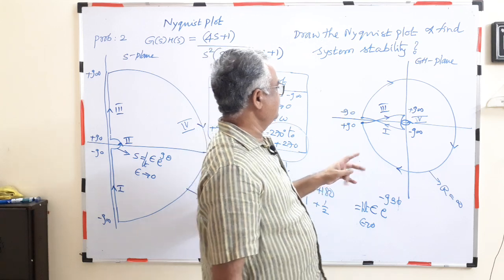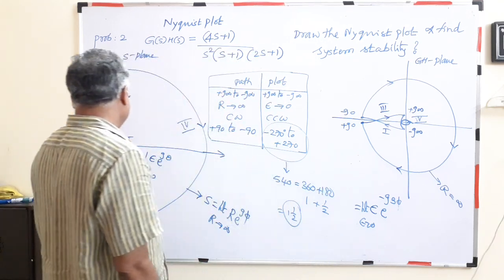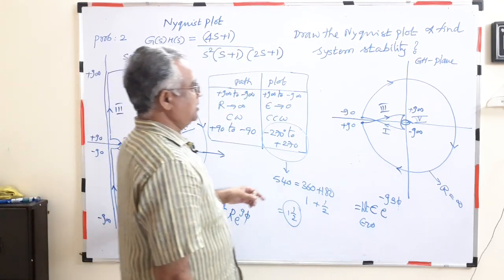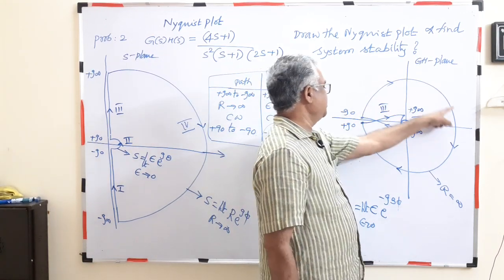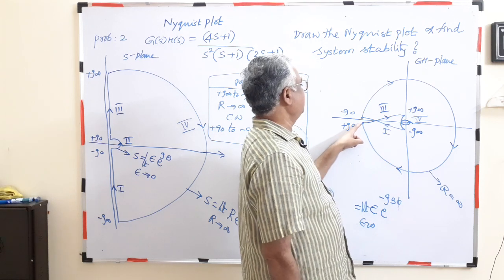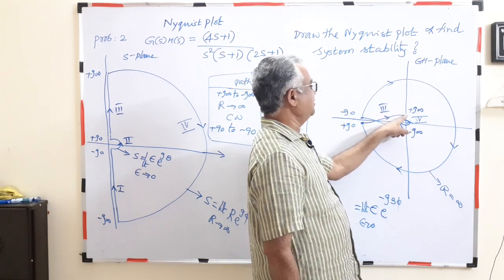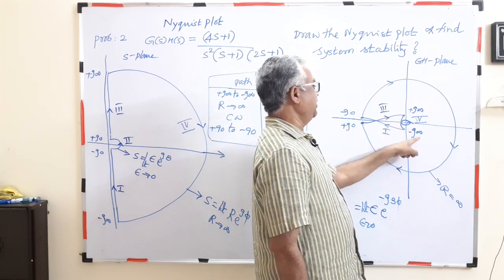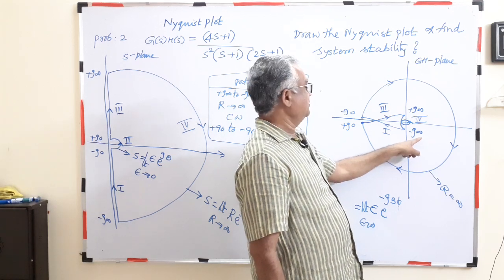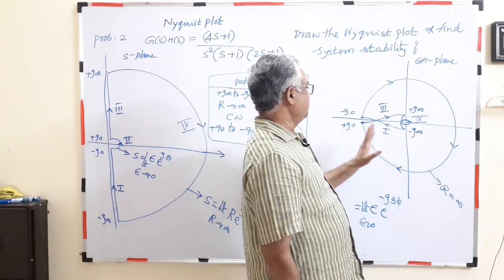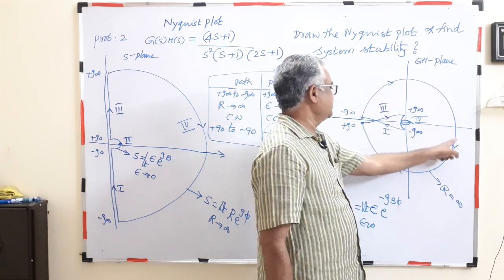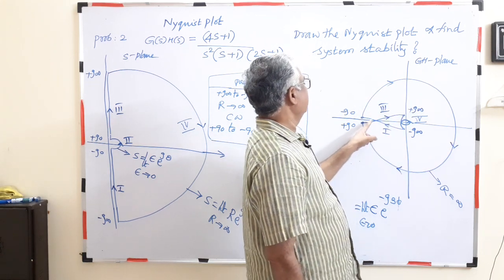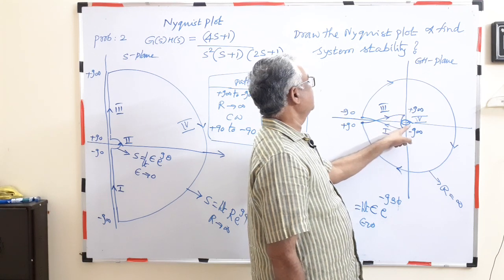You just observe, if we start at minus j infinite: minus j infinite to minus j0, minus j0 to plus j0, plus j0 to plus j infinite, and plus j infinite to minus j infinite. And observe the arrows going like this, like this, like this.